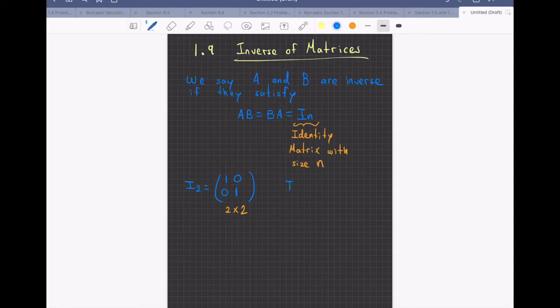For example, I3 will be what size? 3 by 3. Only 1 in the main diagonal, 0 in the other entries. And so on, I4, I5, I6, it is like that. It's a square matrix.